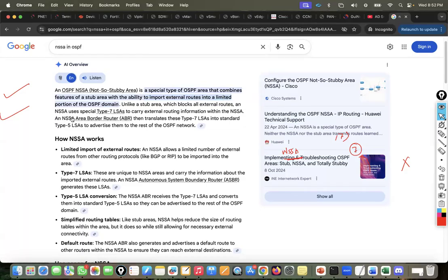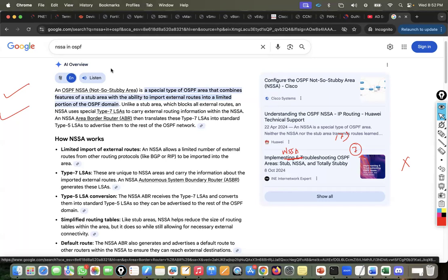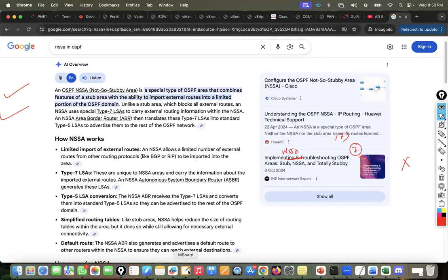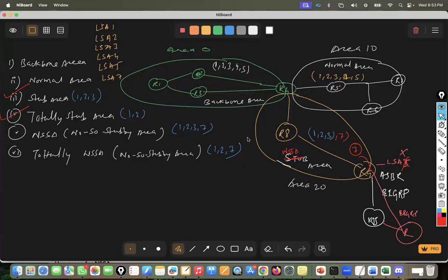But very important, let's suppose this route is injected here, and this route will pass as LSA 7 till here, and it is going to be LSA 7 here as well. But if R4 is going to send this route here and here, it will not send LSA 7, because this area will not allow LSA 7. No LSA 7 is allowed. So they will translate your LSA 7 to LSA 5, and then send it here and here.